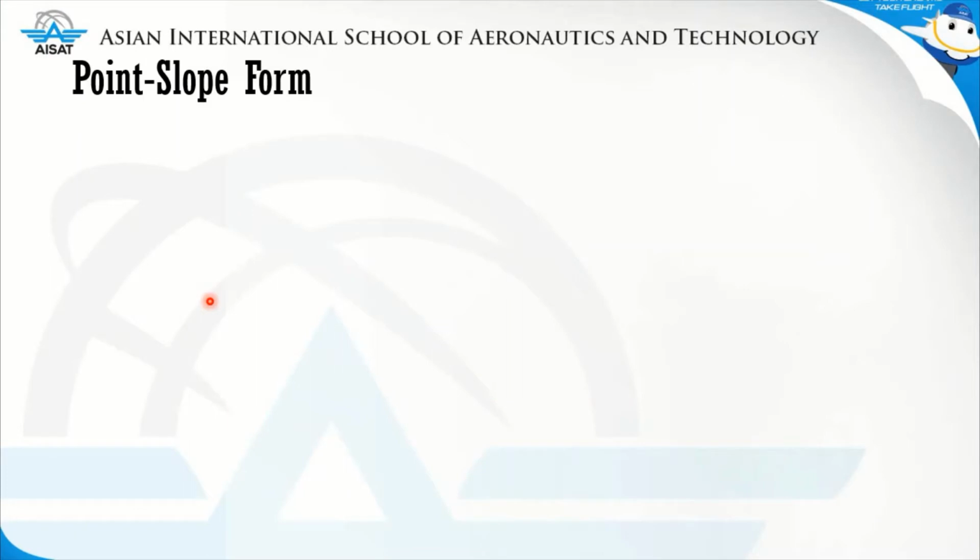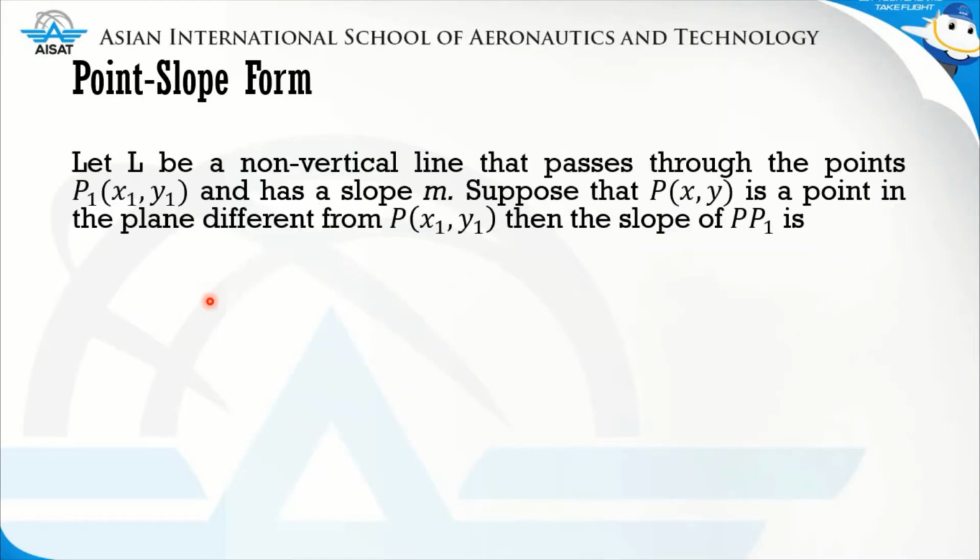Now let's discuss the point-slope form. Let L be a non-vertical line that passes through the point P1 with coordinates (x1, y1) and has a slope m. Suppose that P with coordinates (x, y) is a point in the plane different from P1 with coordinates (x1, y1), then the slope of P to P1 is m = (y - y1)/(x - x1).